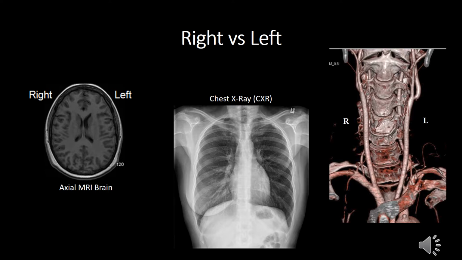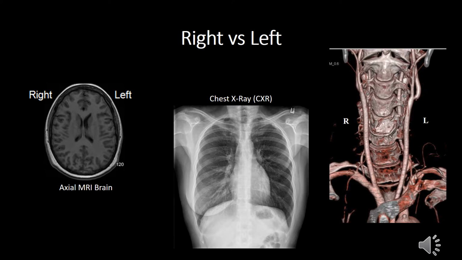So if we look at our axial MRI brain, on our left-handed side, that's the patient's right side. If we look at our chest x-ray, what side of the body is the heart on? The left side. So our right is the patient's left. So when we're looking at that image, our right side, that is the left side of the patient's body.